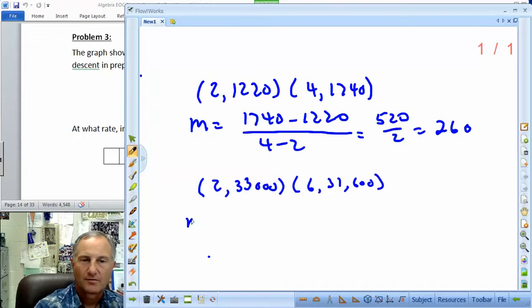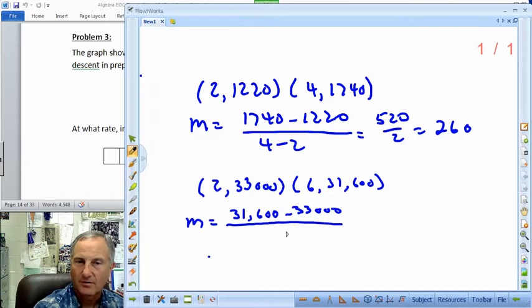Yep. Let's find the slope here. And the negative will take care of itself here, because 31,600 minus the 33,000, there's your negative right there. 6 minus 2. So we're going to get, what's that? 1,400 all over 4. And 4 is going to go into there, 1,200, that's 350.